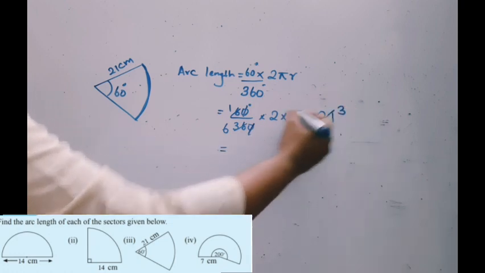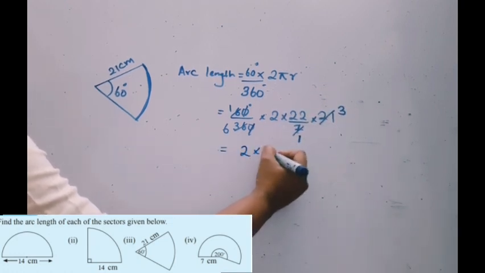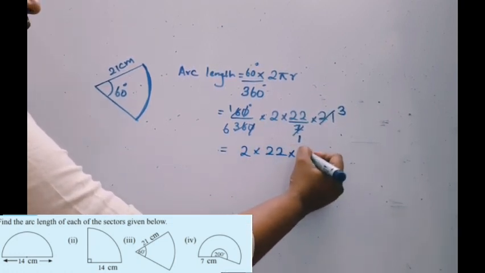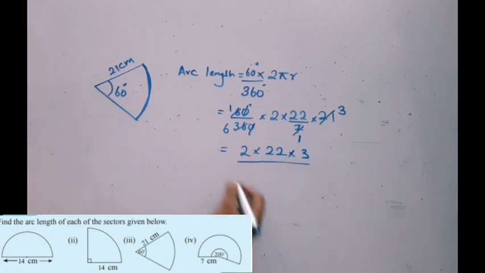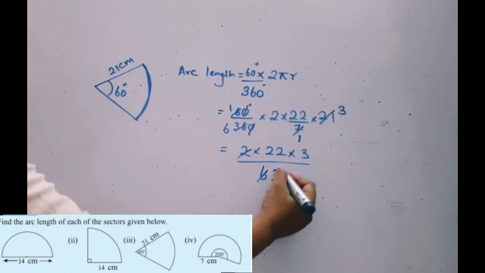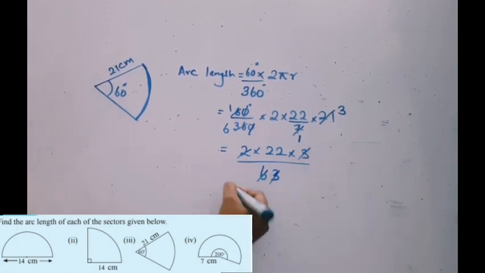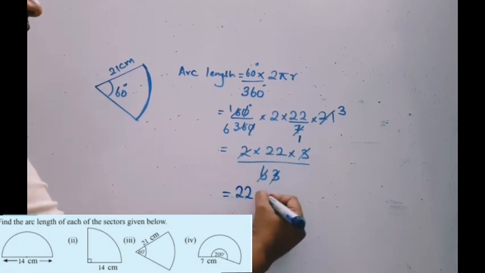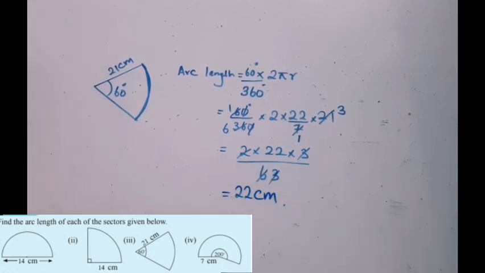The numbers on top are 2 into 22 into 3 divided by 6. This is very easy. 2 times 3 is 6. 3 and 3 can be cancelled. So the remaining is 22 centimeters. So this is an example from your textbook.